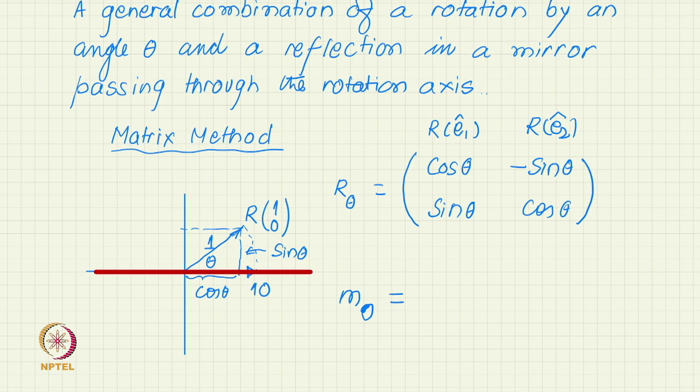This is M 0, and what will be its columns? First column 1 0, because that is where it takes E1. E1 is now along the mirror, so it does not go anywhere, it reflects into itself. The second vector will reflect downwards, and will become 0 bar 1.